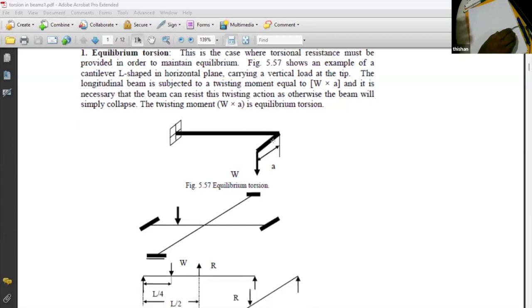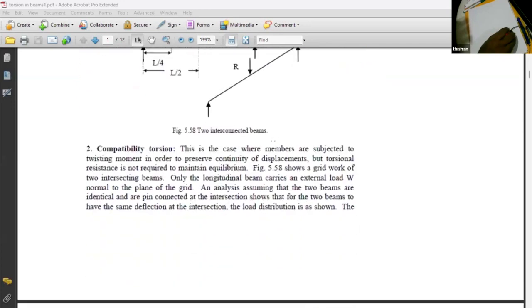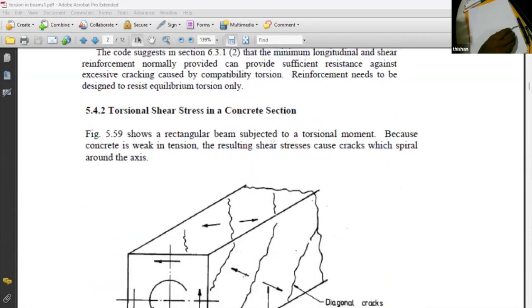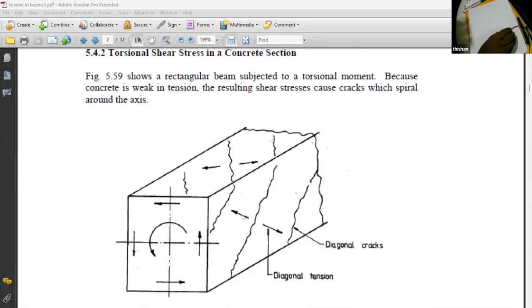And I showed with examples with rigid arms how to find the torsional moment on a beam when you are creating a model. Then we also looked at torsional shear. Torsional shear will cause diagonal cracks right round, and they can make the beam fail.